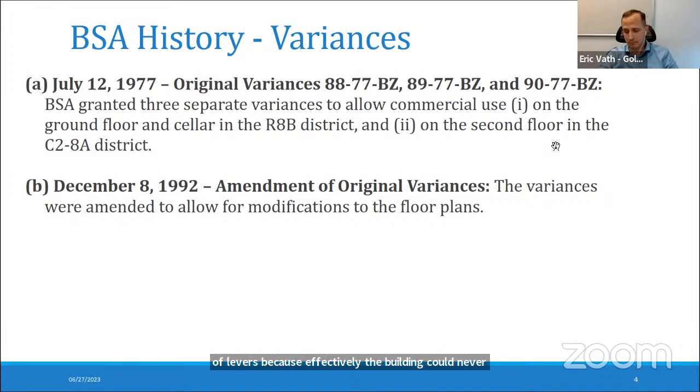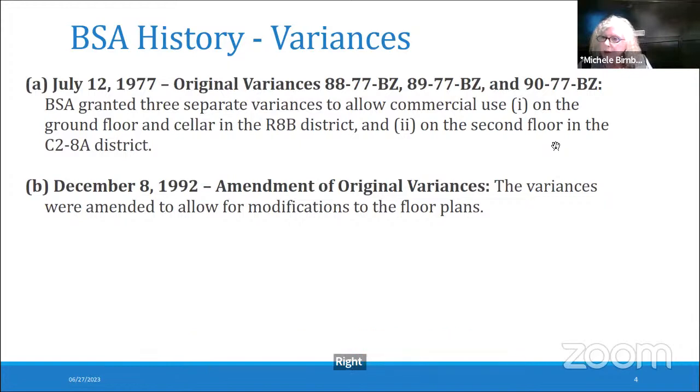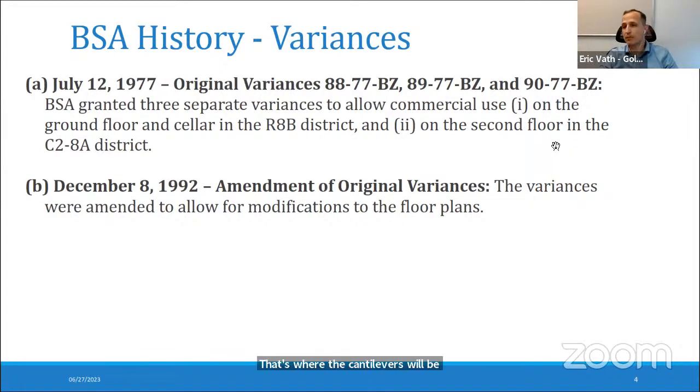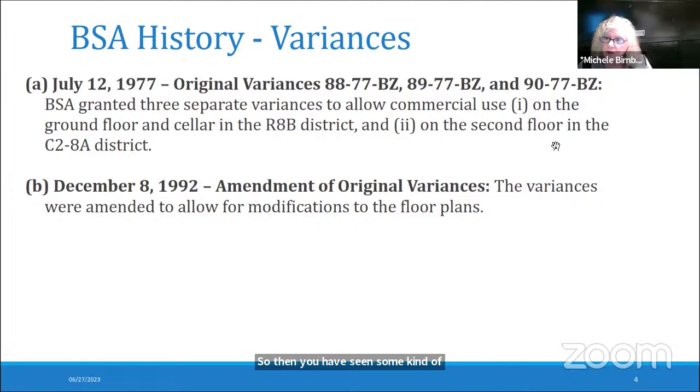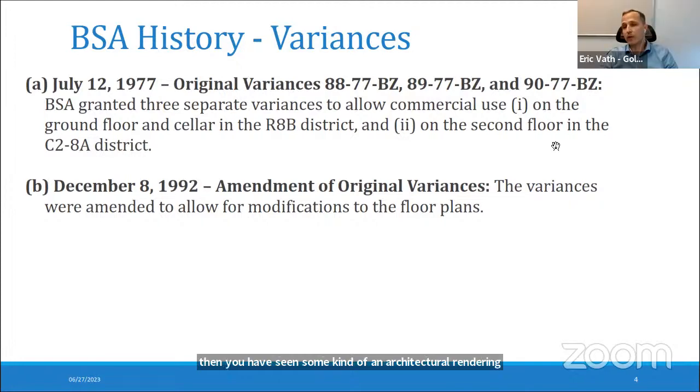So the cantilevers being constructed as a part of the new 210 building. Correct. There will be cantilevers over the seller's existing site. That's what we understand their proposal is, yeah. So then you have seen some kind of an architectural rendering? No, we only know what they've described. Again, they don't have any drawings prepared yet.